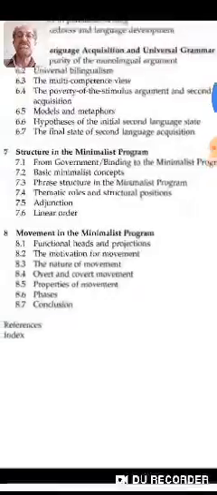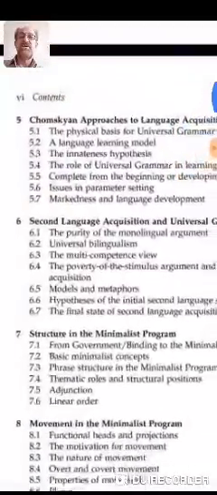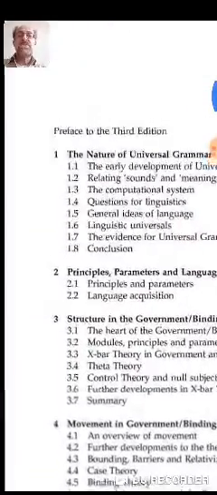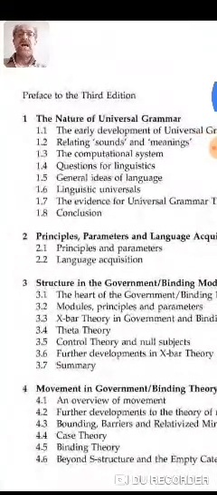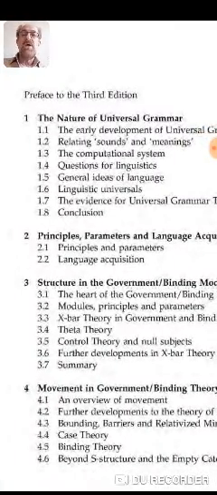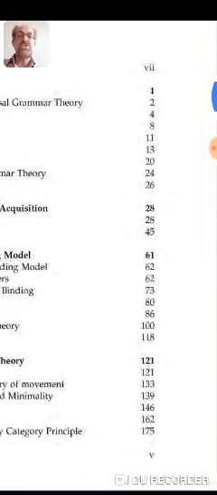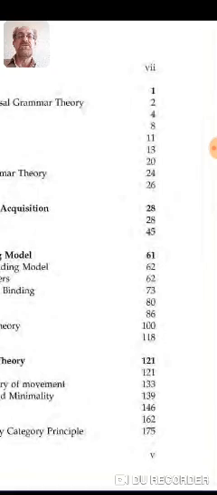If you want to have a good look, let us go to the table of contents of this book. Okay, as you see the table of contents now, we study number 1, the nature of universal grammar, chapter 1, up to page 27.